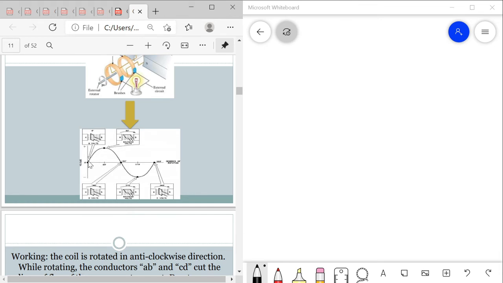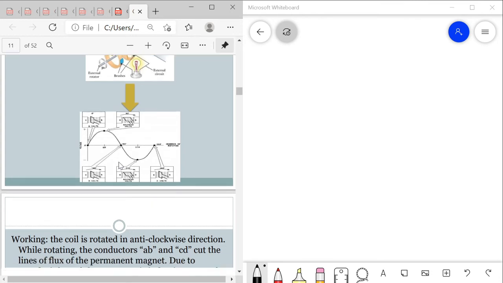At this other point, it is not yet very bright. The brightness increases until it reaches here and again decreases. The bulb dims again until it is off at this position, 180 degrees, where the conductor is perpendicular to the lines of force or lines of flux.